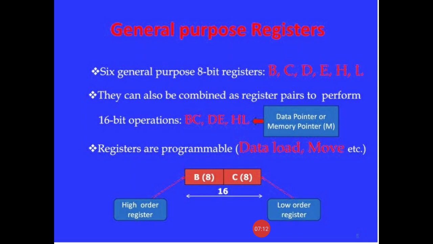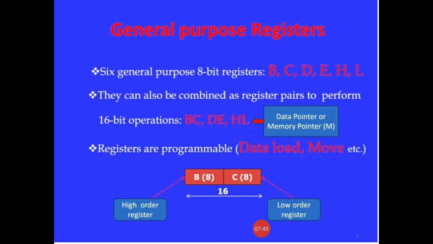That is, in case of the BC pair, the most significant byte will reside in register B, and the lower order byte, that is the least significant byte, in the second register of the register pair. That is, in case of the BC register pair, the least significant byte stays in the C register.